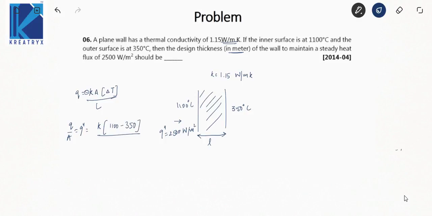Q double dash is 2500, K is 1.15, so 2500 equals 1.15 times (1100 minus 350) by L. Upon solving this, we get L is equal to 0.345 meters. So the answer is 0.345 meters.